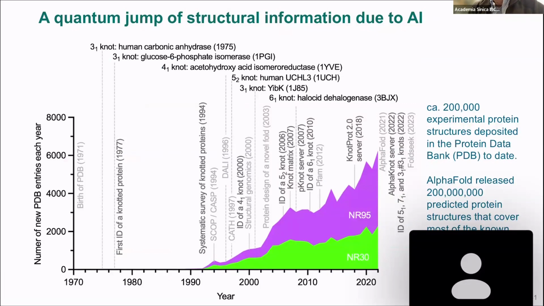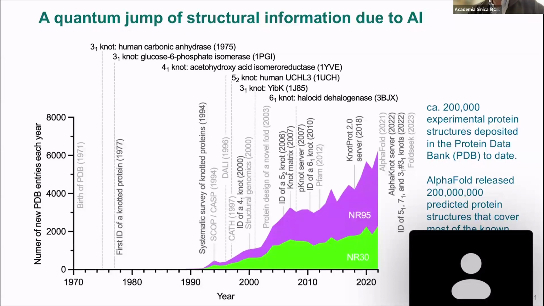So I mentioned AI-assisted protein prediction, AlphaFold. If you look at the trend of protein structures developed or deposited in the database, highlighted in green, I say NR30, that's non-redundant 30, meaning that if two sequences are very similar, you can have high confidence to predict the structure of an unknown protein based on the sequence similarity.